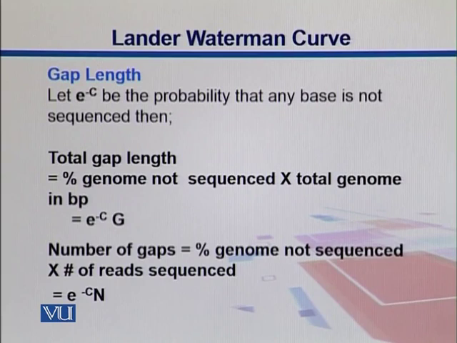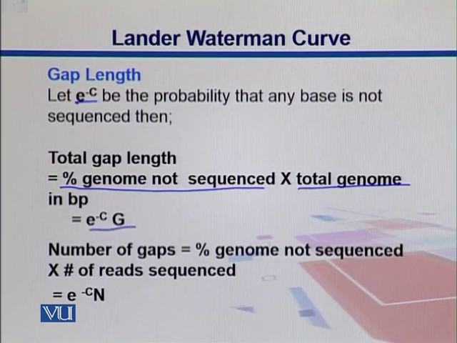Let e raised to the power negative c be the probability that a base is not sequenced. We can get the total gap length as equal to the percentage of the genome not sequenced times the total genome length in base pairs.